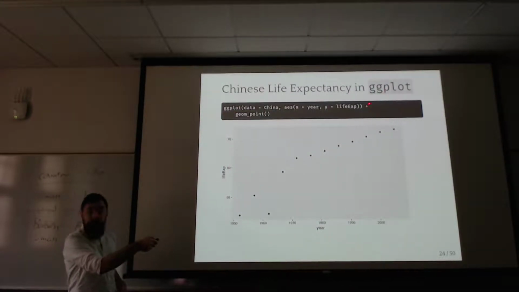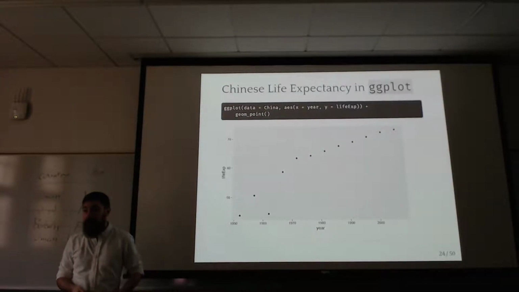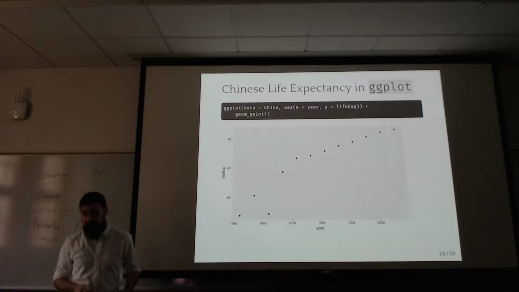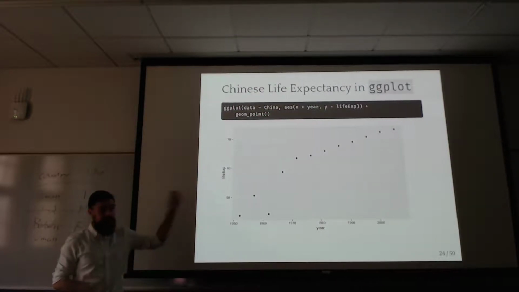At the end, I do a plus. I say I want to add something to this base layer, which is geom_point. Notice no arguments in it. geom_point says, okay, take this base layer here, add a scatter plot on top of it. It inherits the aesthetics that were in this original line and makes points on it.